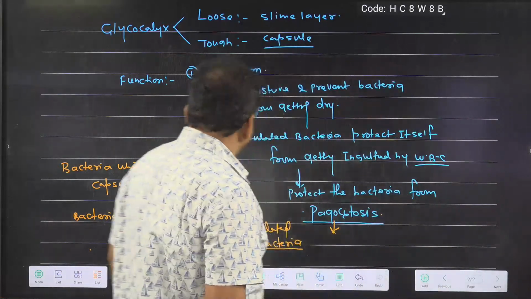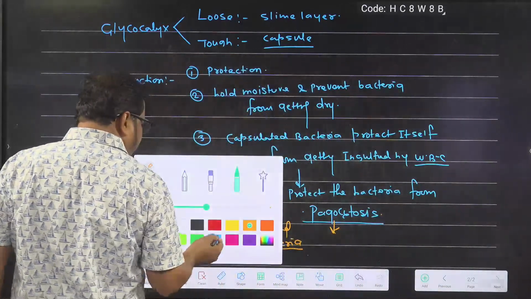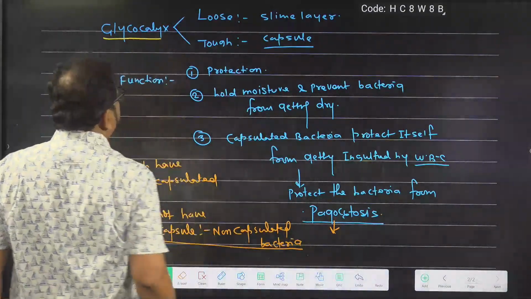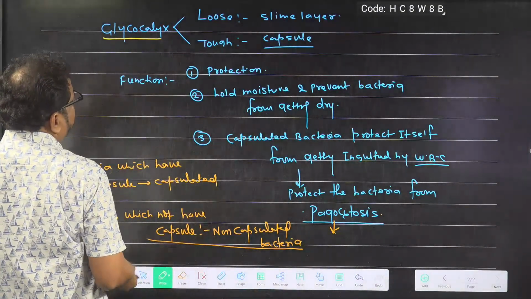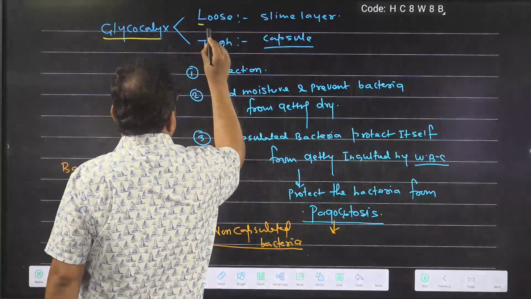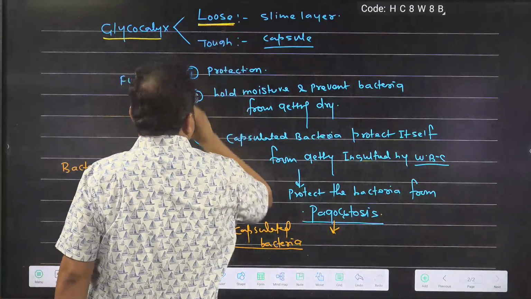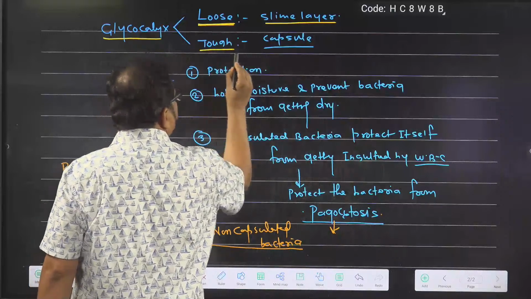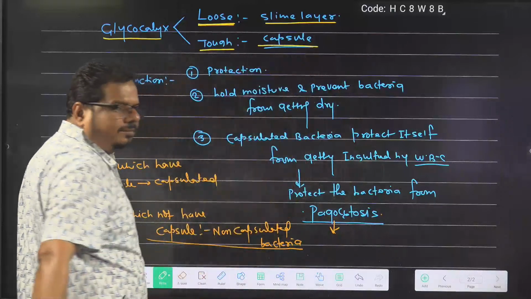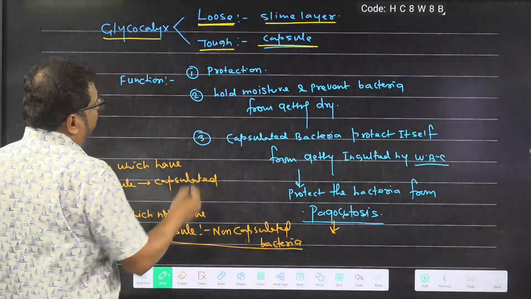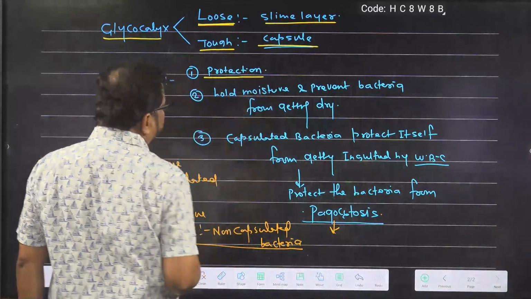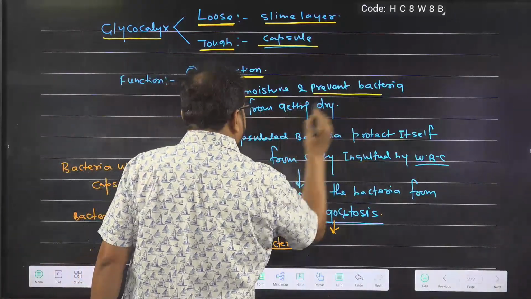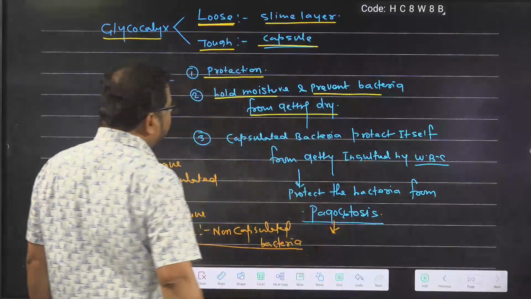So I hope you got a basic idea about the glycocalyx. I told you glycocalyx is of two possible types. If it is a loosely arranged outermost layer, it is called slime layer. If it is tough, it is called capsule. Function: protection of the bacteria. Second, it holds moisture and prevents bacteria from getting dry.